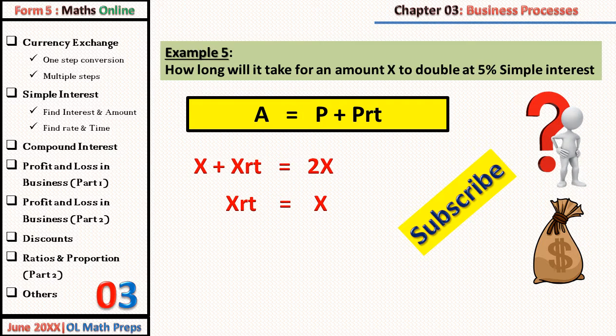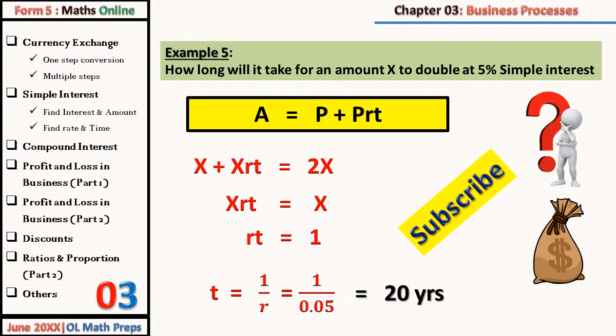This will give us X times rate times time to be equal to X. Divide both sides by X, and we are left with rate times time equal to 1. And time will be equal to 1 over rate, which is 1 over 0.05, giving us 20 years. So it takes 20 years for the amount X to double at 5% simple interest.